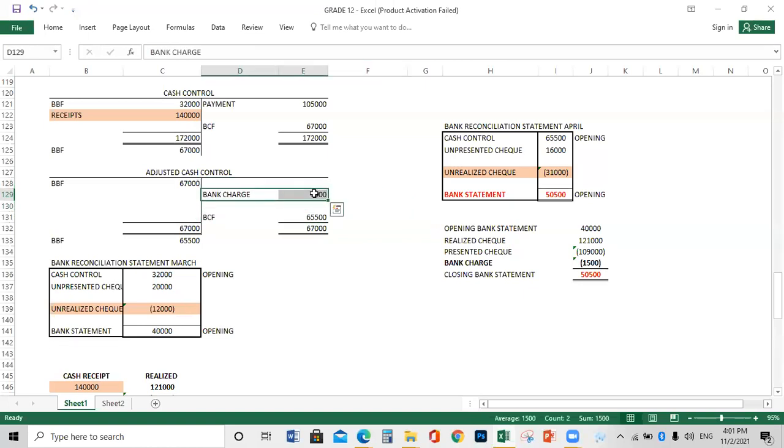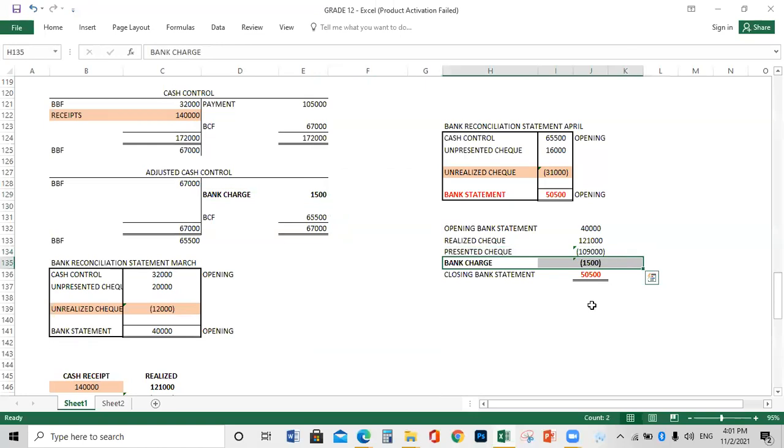It is the charge asked by the bank. They deduct it from our bank account because they are providing services to us as a current account holder. So they ask us a charge, that is the bank charge. Because of the bank charge, our balance reduces, so I deduct it. Then I get the closing bank statement balance.